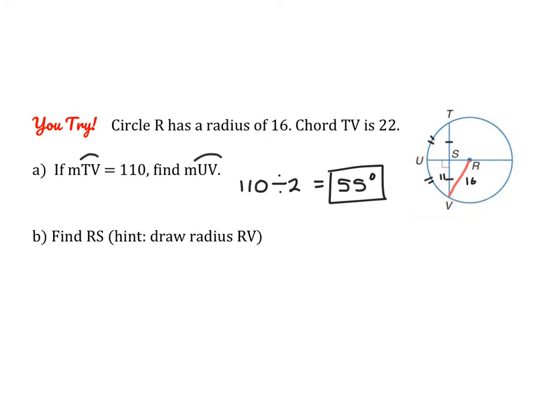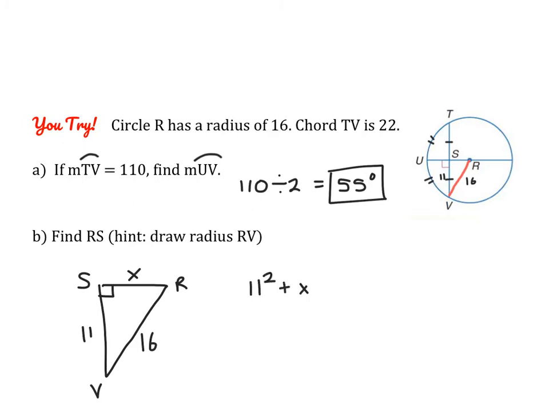Now to find RS, once again we have a right triangle, and it looked something like this. Here's R, here's S, and here's V. We know this is 16, we know this is 11, and this is X. So we can use Pythagorean theorem again. And here we just need to start simplifying.